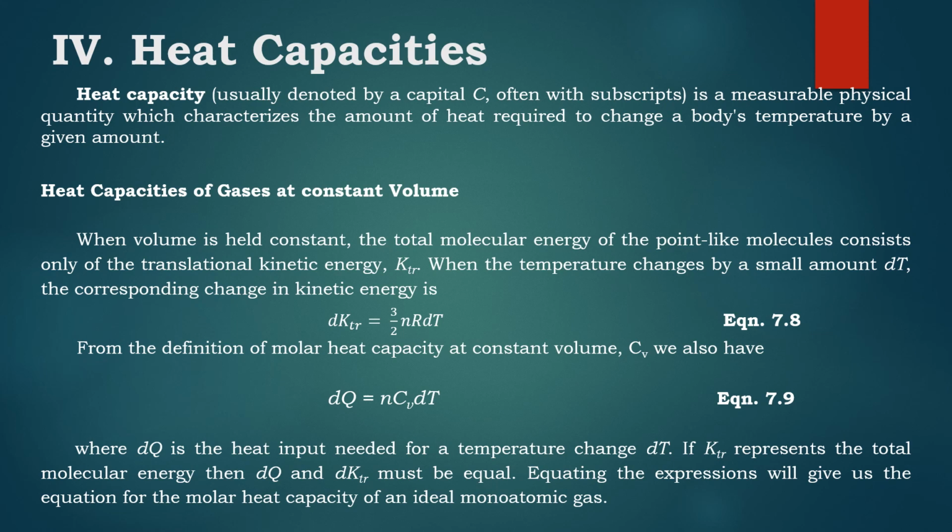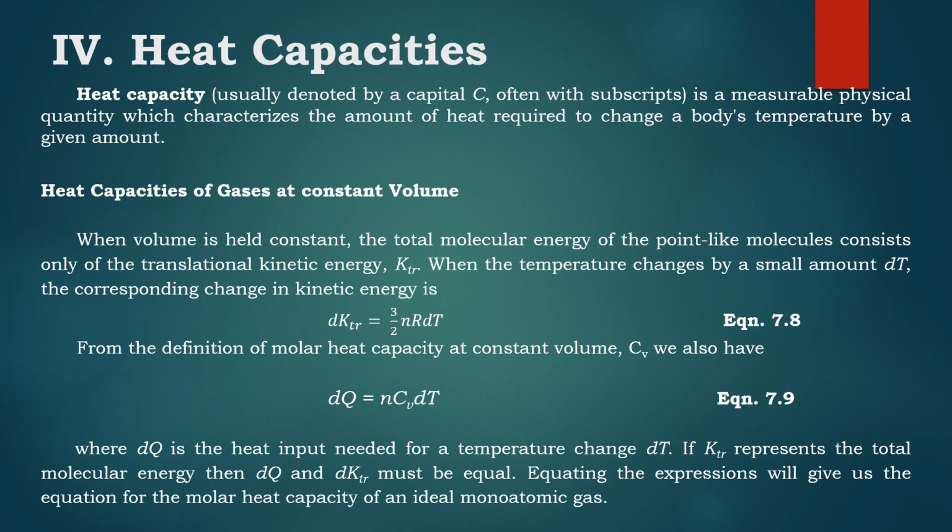From the definition of molar heat capacity at constant volume, denoted by C sub V, we also have dQ equals n C sub V dT, where dQ is the heat input needed for a temperature change dT.